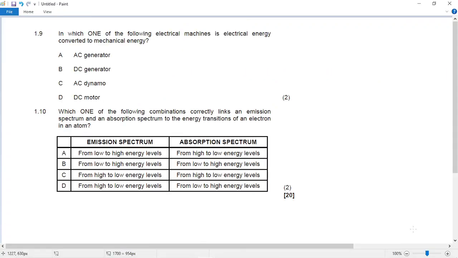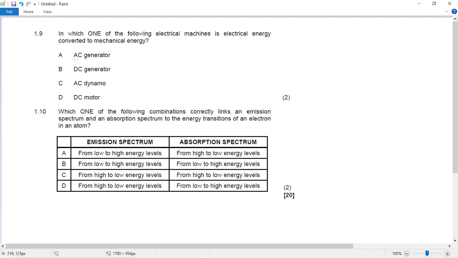And now we come to 1.9. In which one of the following electrical machines is electrical energy converted to mechanical energy? Anything that converts electrical energy to mechanical energy is going to be some kind of machine that you plug in the wall. Think about it. You get electricity out the wall and you use it to do work.